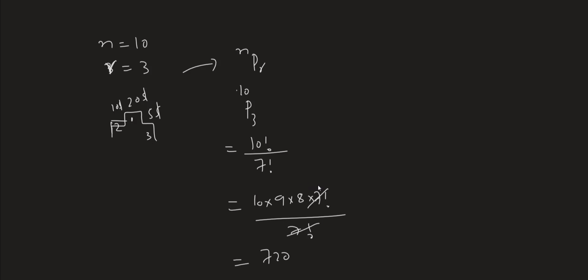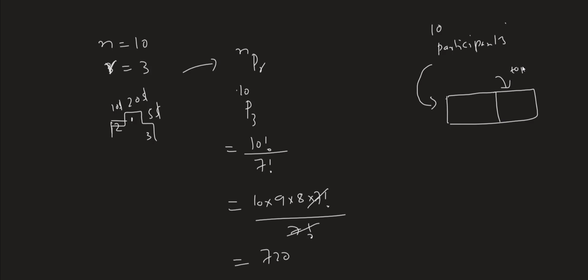Now, to get the idea of combination, let's say we have these 10 participants. But in a particular case of combination, what we're saying is that out of all these 10 participants, those whose performance is among the top 3 individuals, each of them will get the same prize.